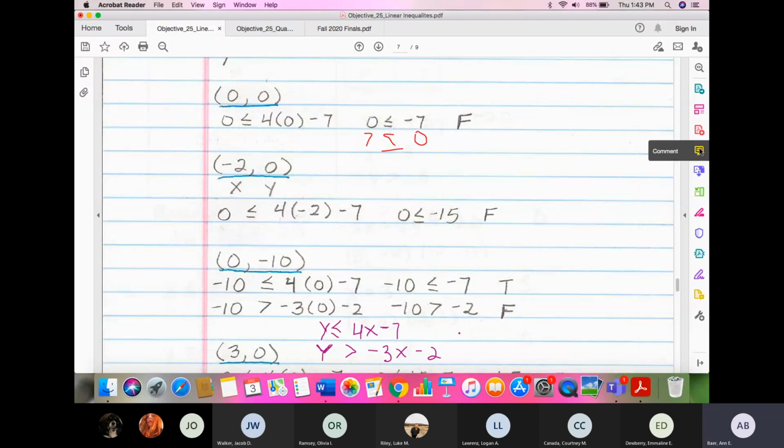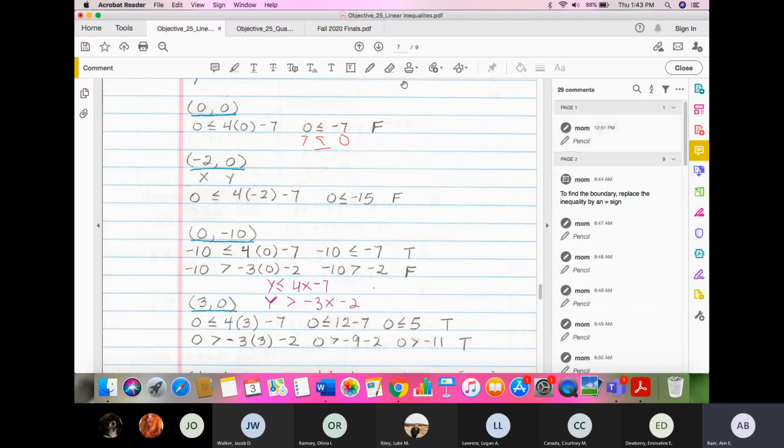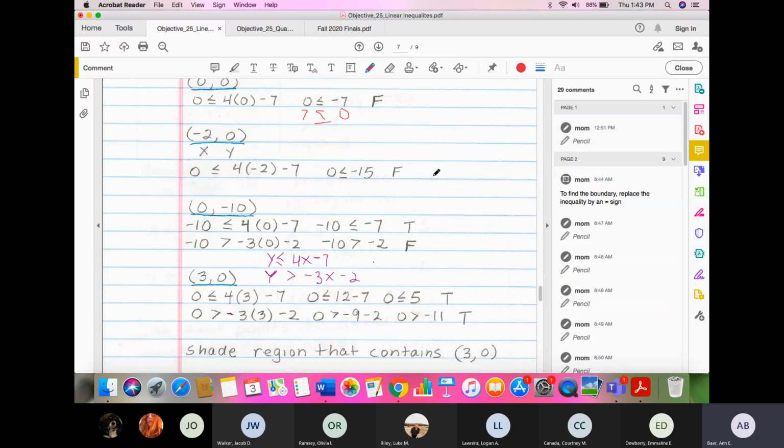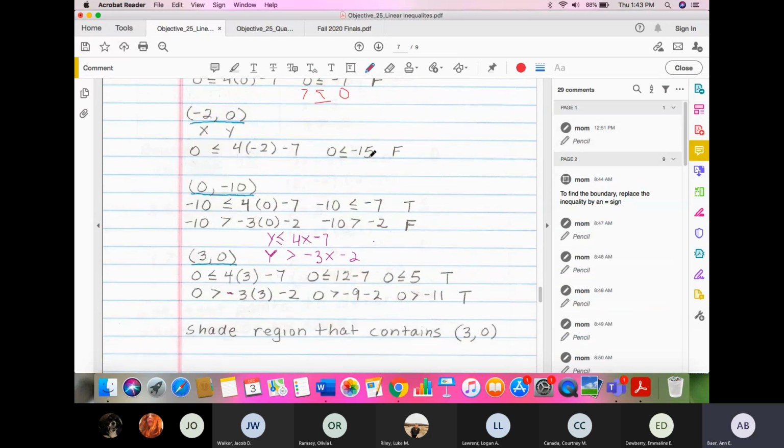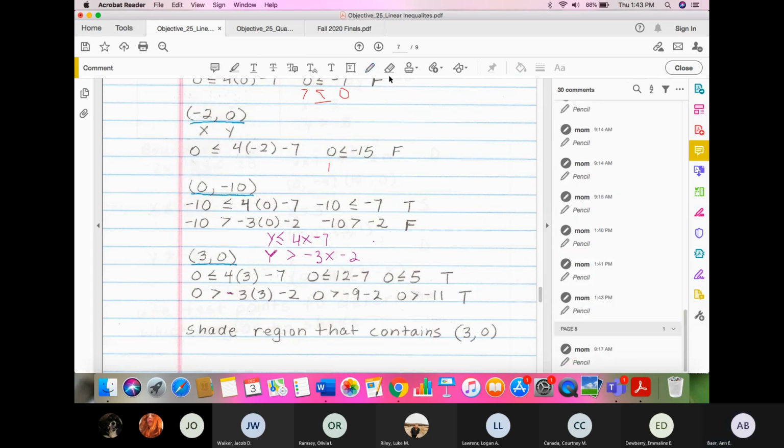And again, if you don't like it in that form, you can switch sides. But you've got to be careful. So if I add 15 to both sides, the 15 will end up on this side, and then less than or equal to, 0 will end up over here.